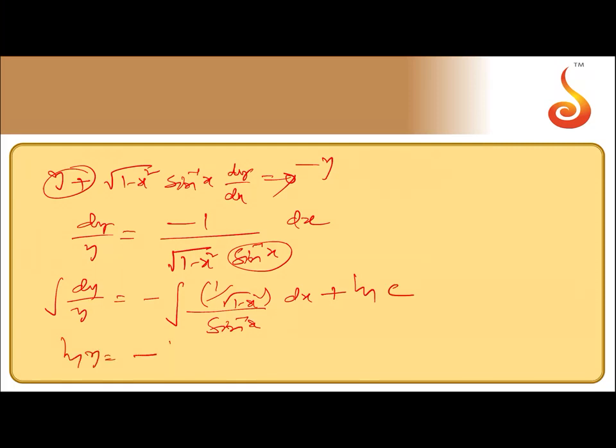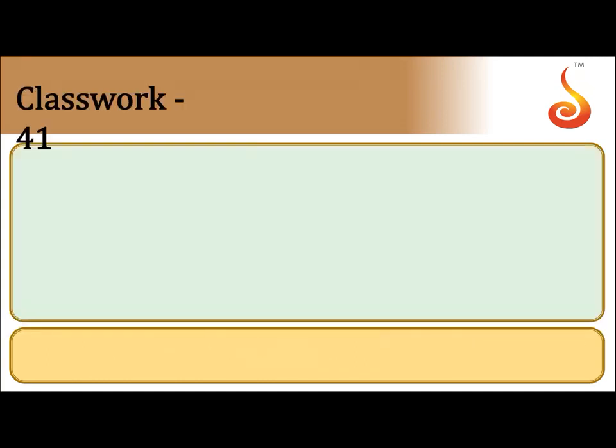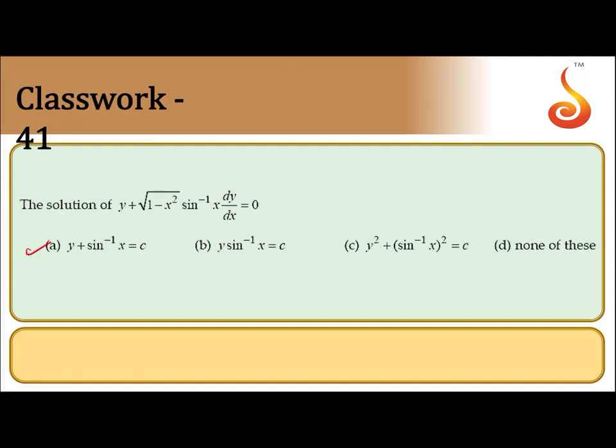And clearly you can see that log y is equal to minus logarithm of sine inverse x plus log c. Eliminating the logarithm, you'll be getting y into sine inverse of x is equal to constant. So the answer is A.